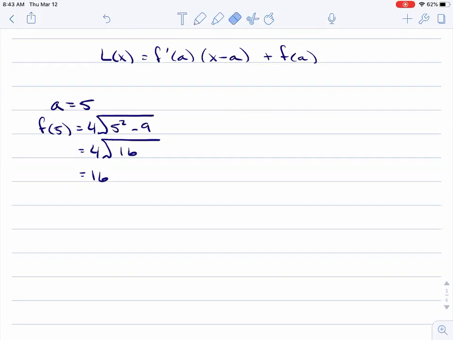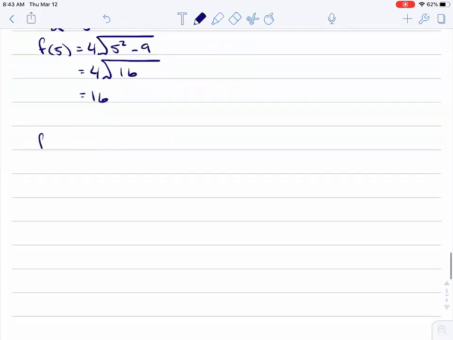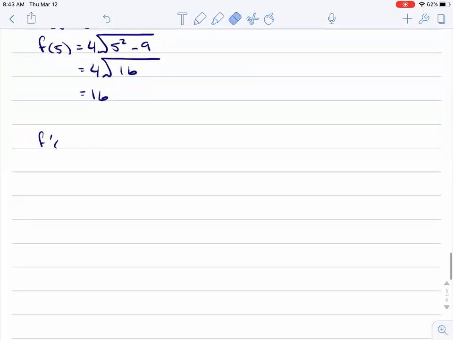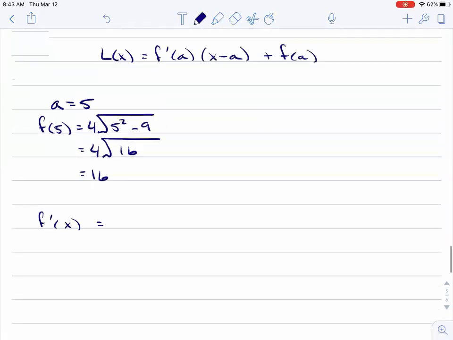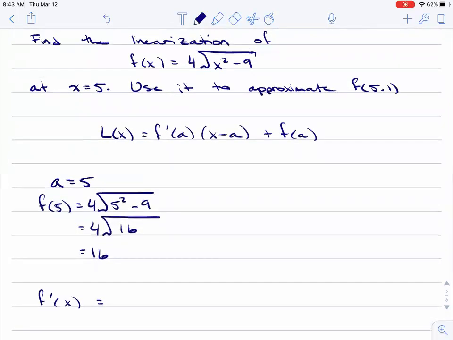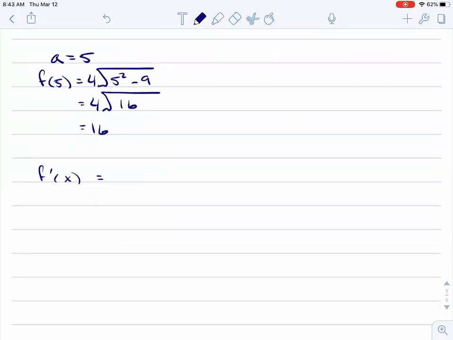Actually, might need more room here. I need to find the derivative, f prime of x. Well, if f of x is 4 times the root of x squared minus 9, I'm going to rewrite that root, 4 times x squared minus 9 to the power of 1/2.